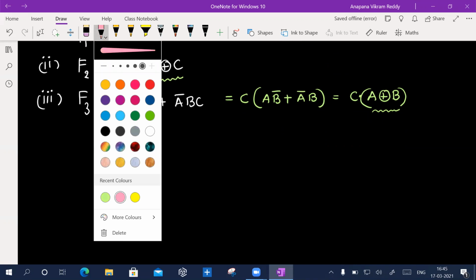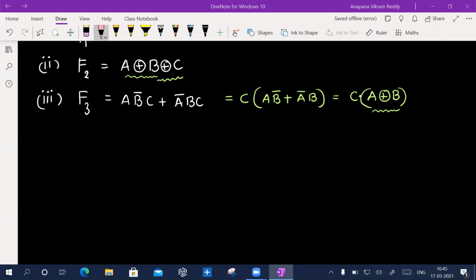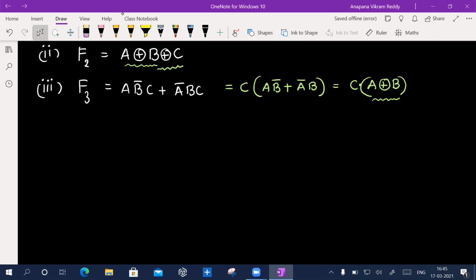Now what I'll do, I'll take one half adder first. See, I want to implement this first.